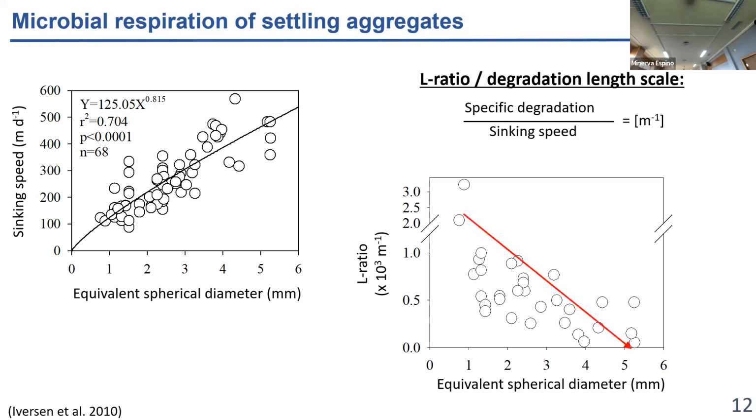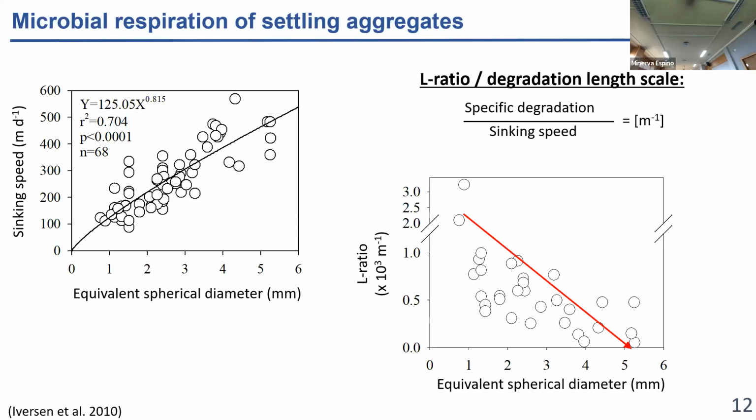And since we have a strong size dependency in the settling velocity, we see that the small particles will be degraded more per meter that they settle compared to the large particles. So just in terms of microbial degradation, we would assume large particles to sink out in this case.